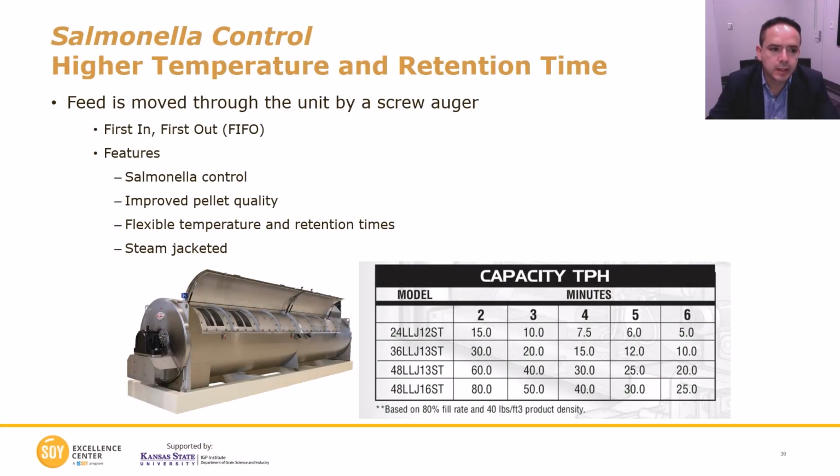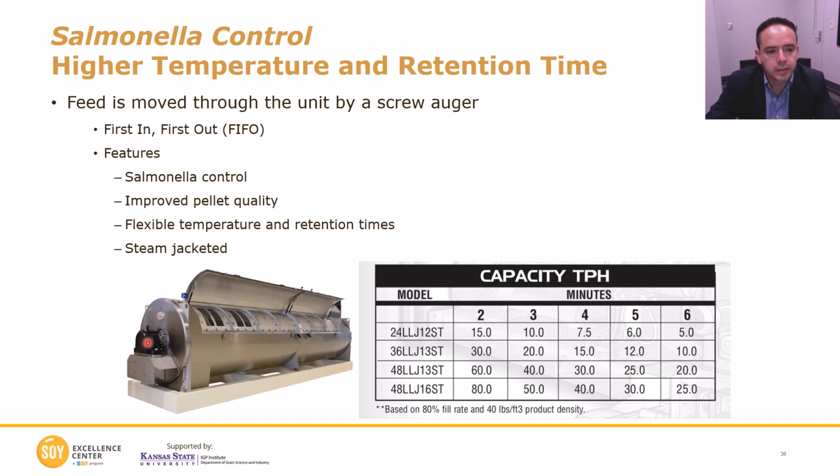So here in the hygienizer, basically what you have is like an auger, and feed is moved through the unit by a screw auger, and it follows the principle first in, first out.